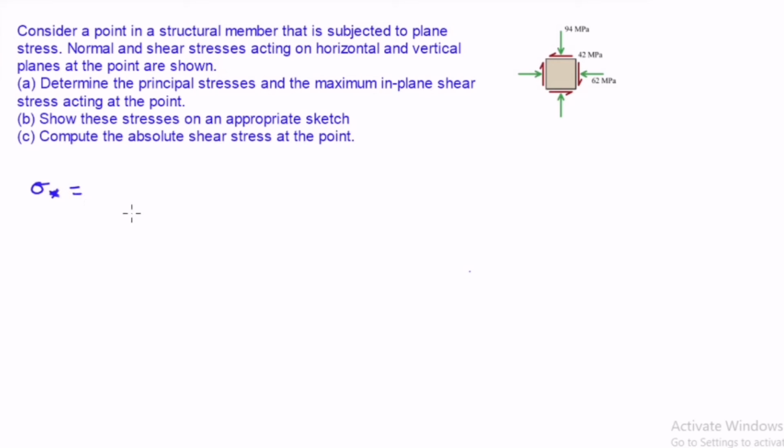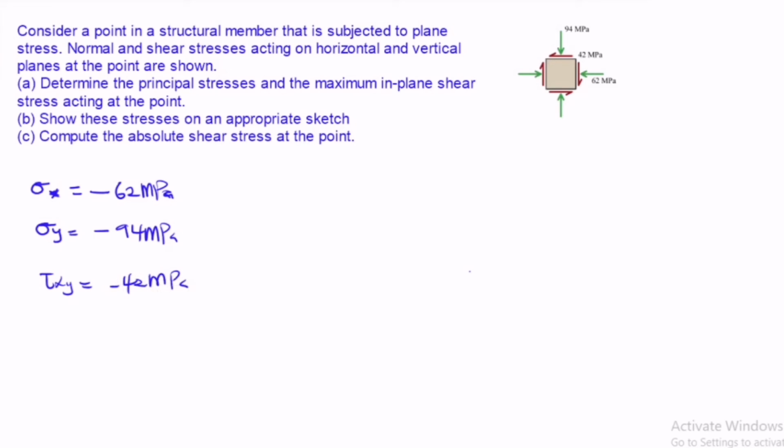So in the x direction, we could know that it's moving to this side, so it's going to have negative 62 megapascal. You can pause this video and do the y direction and the tau xy. For the stress in the y direction, you know that it's also negative, right? Because it's moving in the negative direction, negative 94 megapascal. And then we have our tau xy to be negative 42 megapascal.